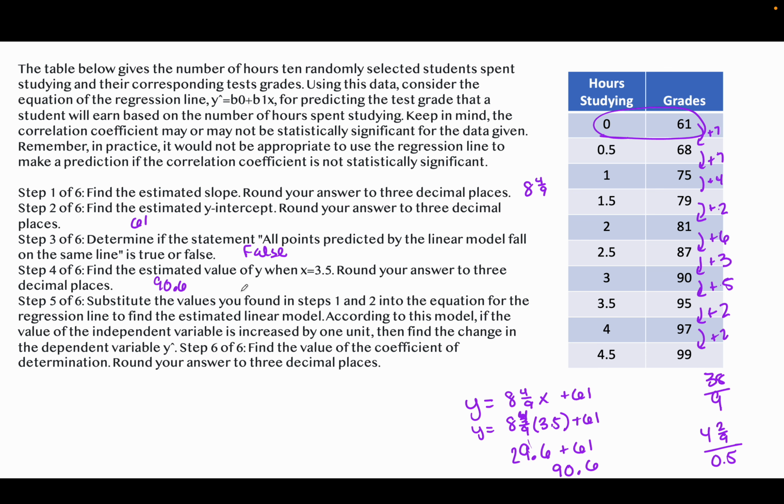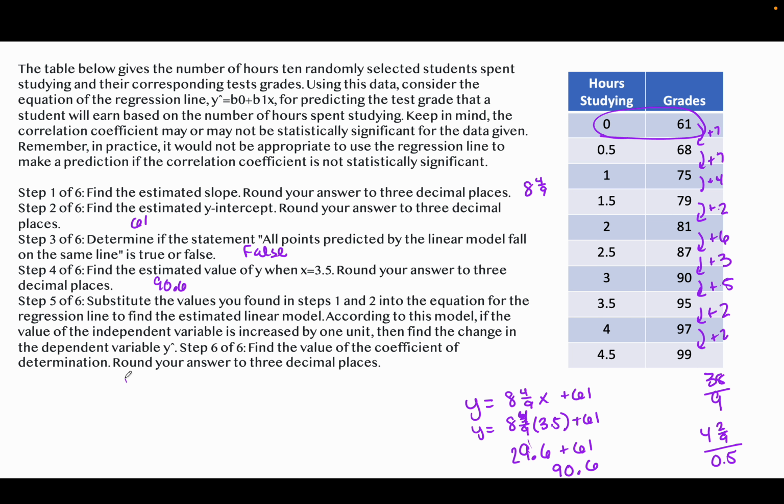Substitute the values you found in steps 1 and 2 into the equation for the regression line to find the estimated linear model. According to this model, if the value of the independent variable is increased by 1 unit, then find the change of the dependent variable y.